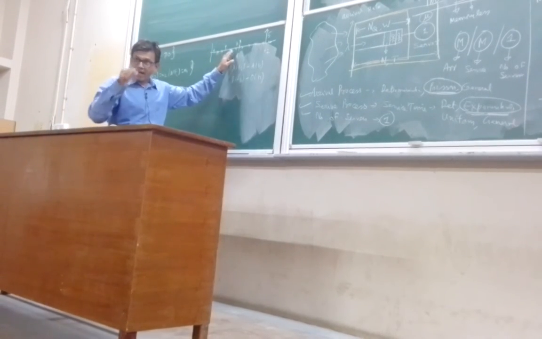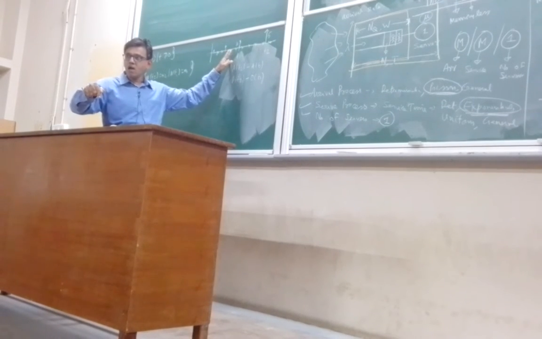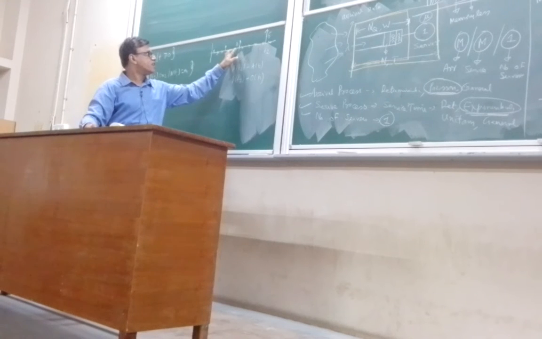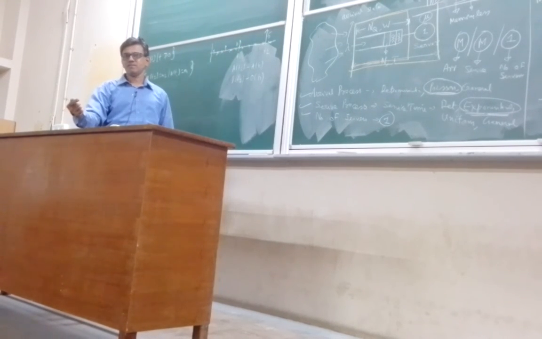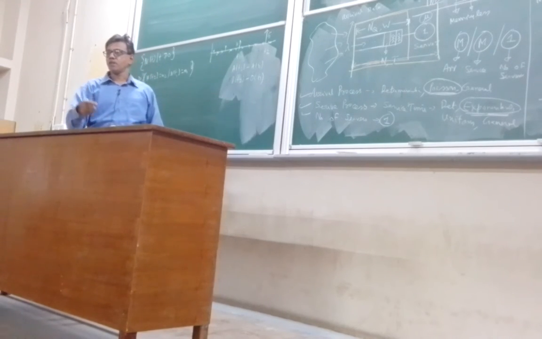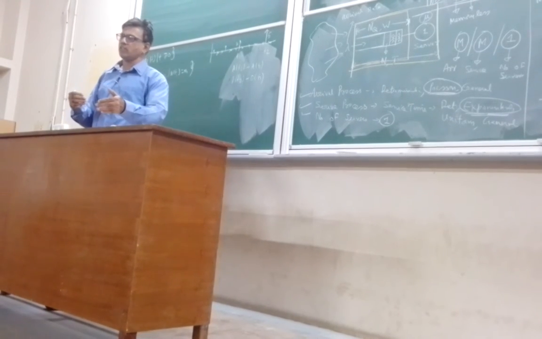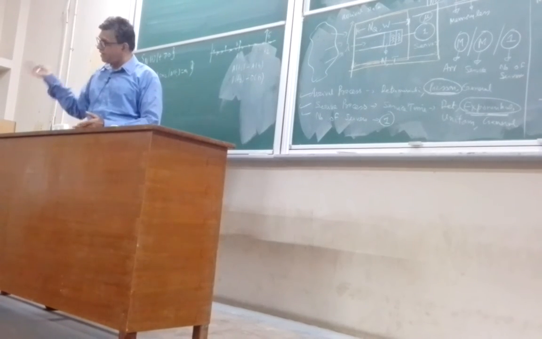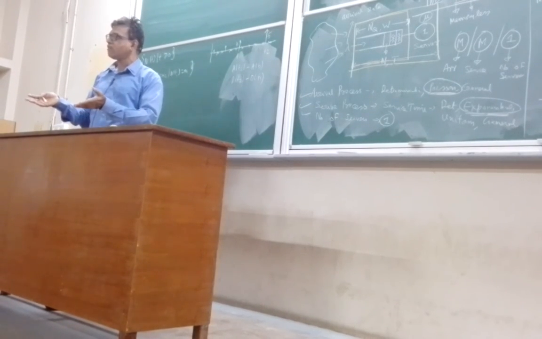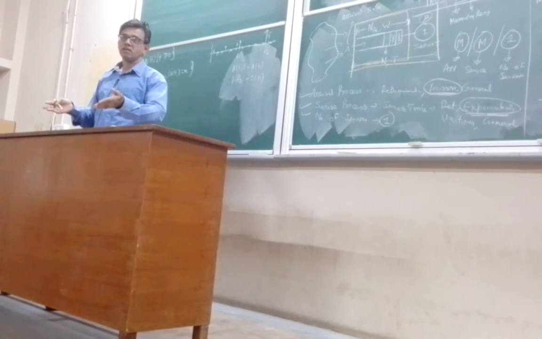So, for the current customer undergoing service, how long the customer will stay with the server is independent of the time already spent. That is the memoryless property. Similarly, the inter-arrival time: if one customer has arrived in the system, the remaining time for the next arrival is also independent of how much time has already elapsed.